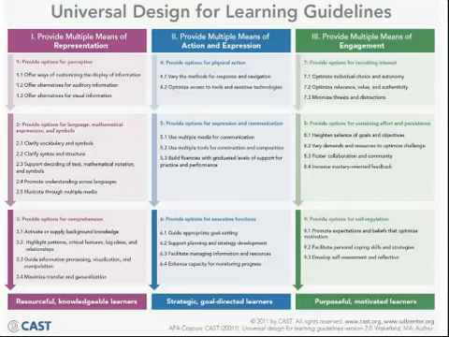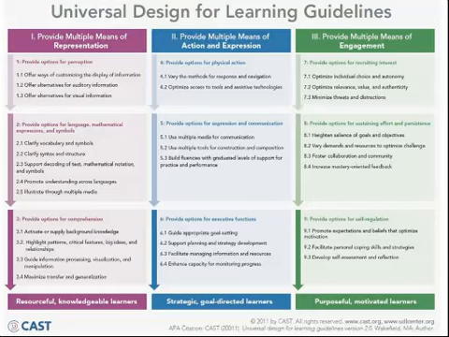Now, here is a quick snapshot of the Universal Design for Learning Guidelines that is available through CAST. It's also available through the National Center on Universal Design for Learning. This is where you can see the learning guidelines, and the nice thing about them is that they are all color-coded.